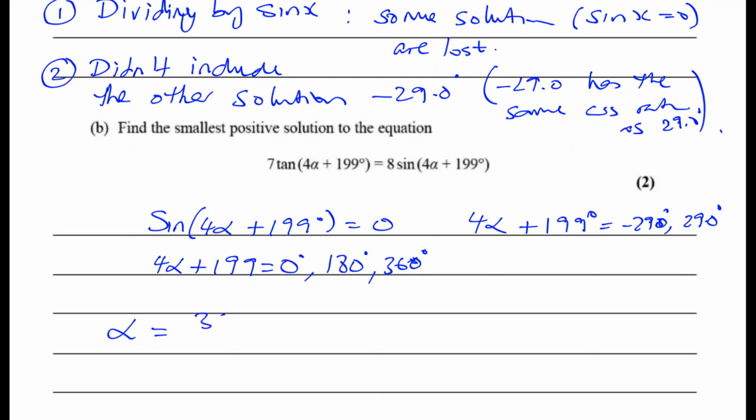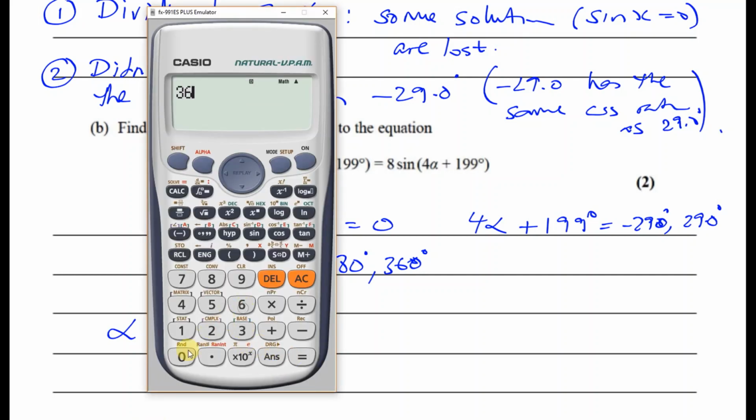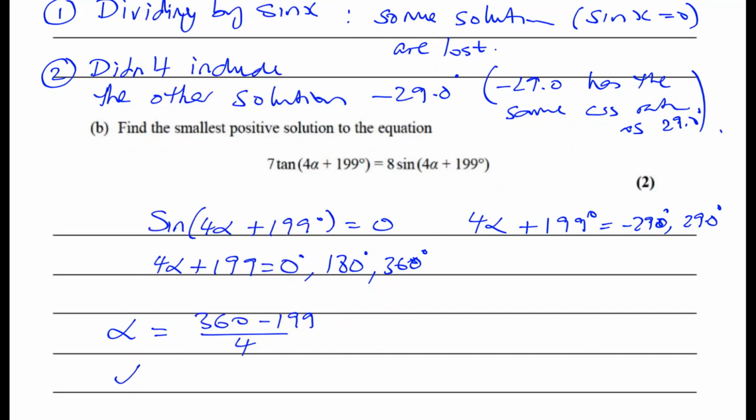So 360 minus 199, divided by 4, gives me 40.25. So alpha is 40.25. That's the smallest positive solution from this particular part.